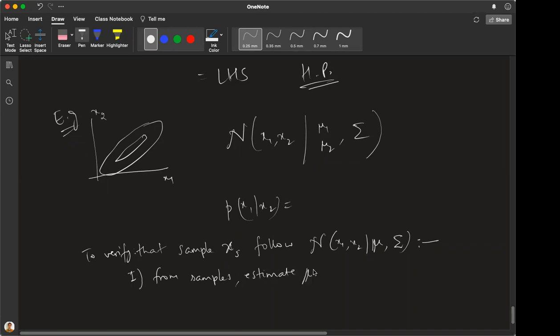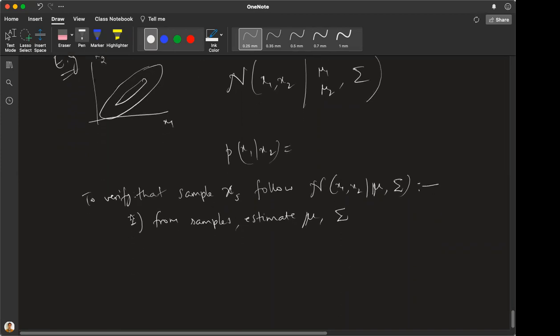They will be approximately matching. Okay, this is a good method. Any other method?